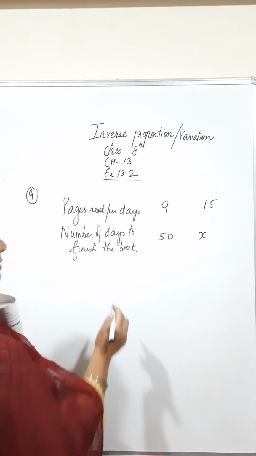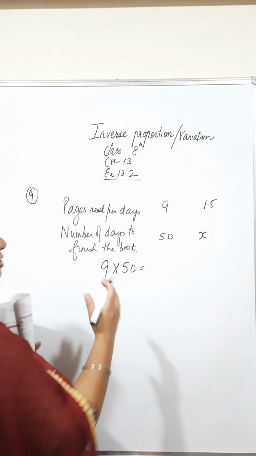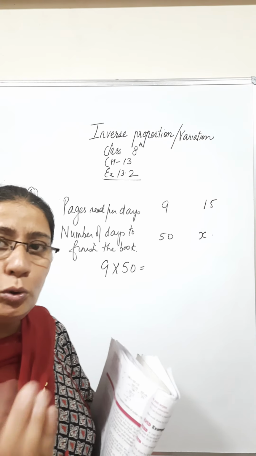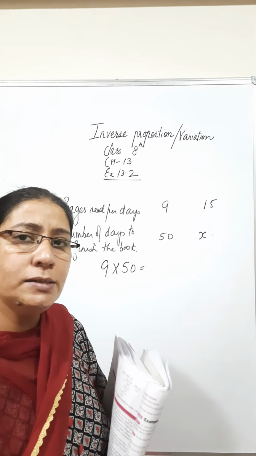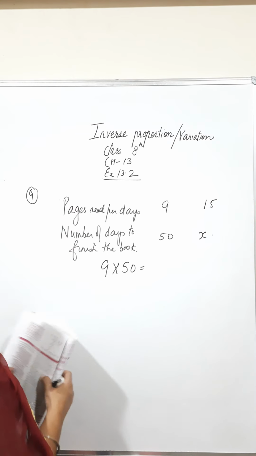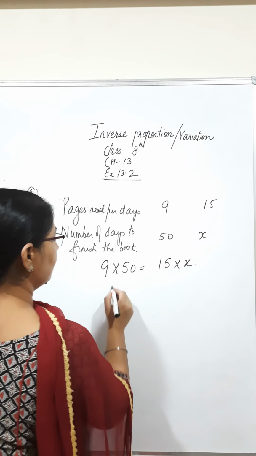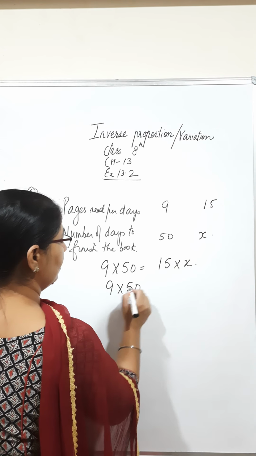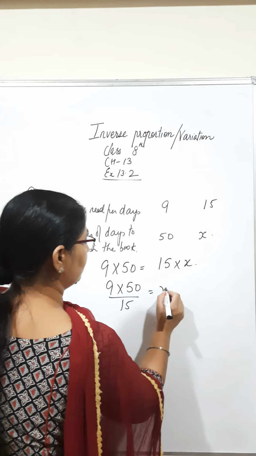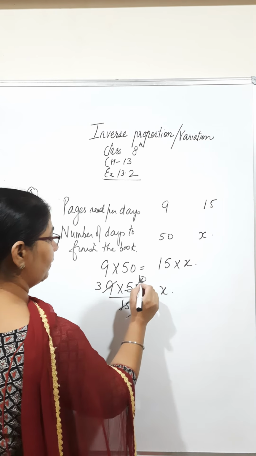So again, write it in the same way, 9 multiplied by 50, because if she reads more pages, then of course she can finish the book in fewer days. So 9 multiplied by 50 will be 15 multiplied by x. 9 multiplied by 50 divided by 15 is equal to x. 3 3s are 9, 3 5s are 15, 5 10s are 50.